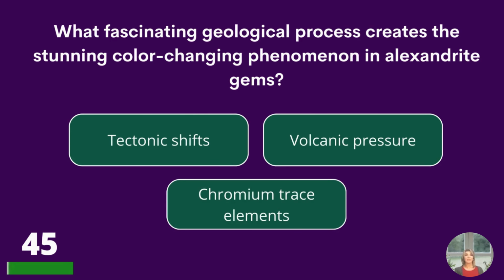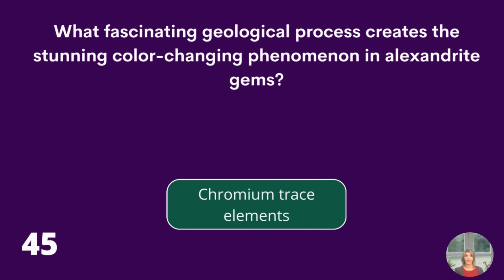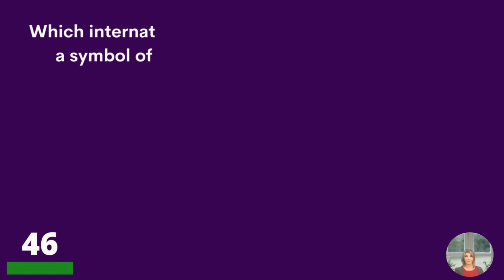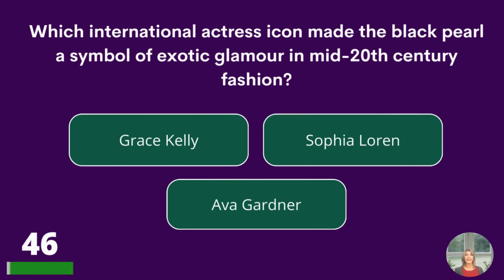What fascinating geological process creates the stunning color-changing phenomenon in alexandrite gems? Chromium trace elements. Which international actress icon made the black pearl a symbol of exotic glamour in mid-20th century fashion?